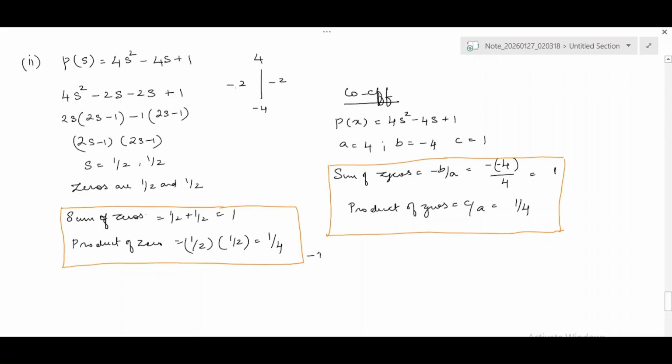So this is 1, this is 2. From 1 and 2, we verify zeros and coefficients. Hence proved. Hence verified.